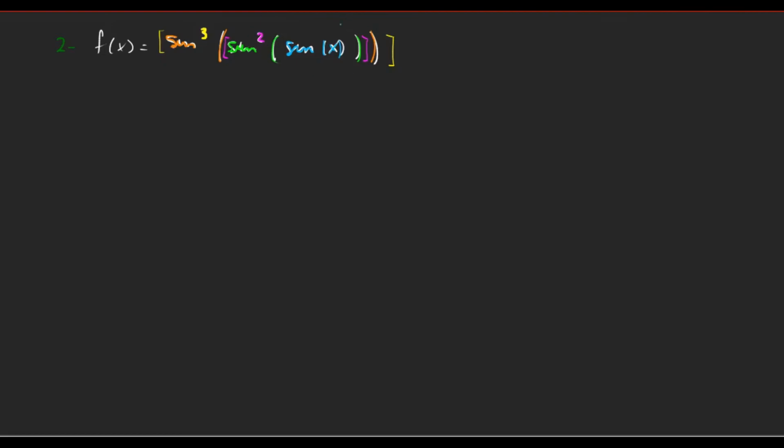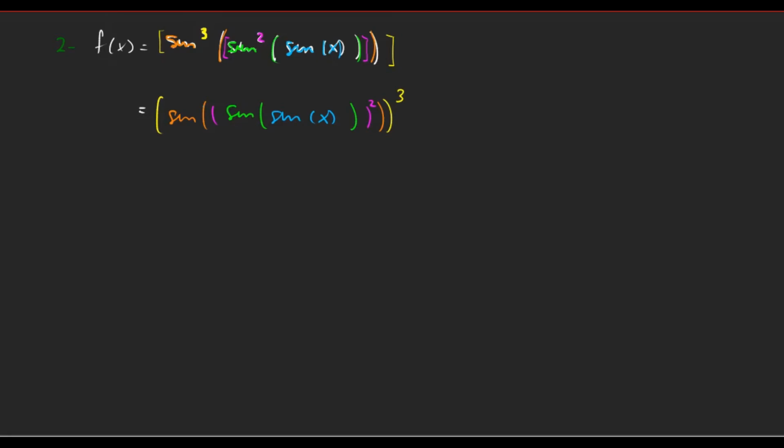So we kind of have the order in which we are calculating our functions. So to make this more clear, we can write this as something to the power 3. That something is the sine of something. And in here we calculated something squared. And again, that something was the sine of. And that was the sine of x.